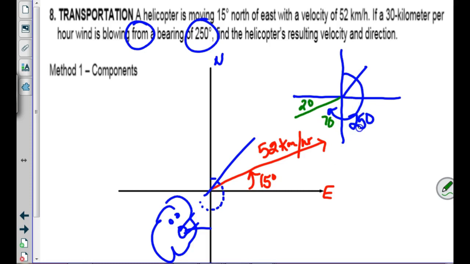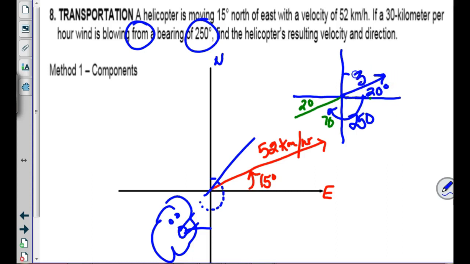Everybody good? 250 minus 180 would make a 70 on that side, or the rest of the way here would be a 20. Okay, what we want is off the positive x-axis. So what's this angle? Mine is not drawn well at all. Let me fix that. Yes, the angle off the positive x-axis that the wind is pushing here is a 20-degree angle.